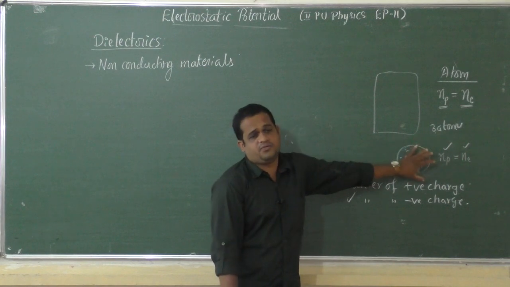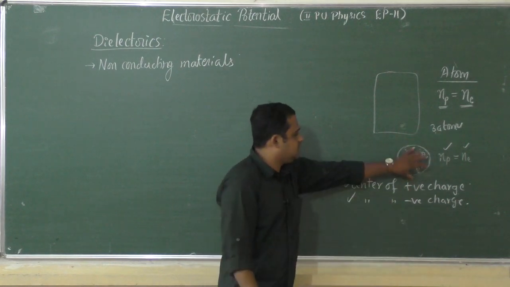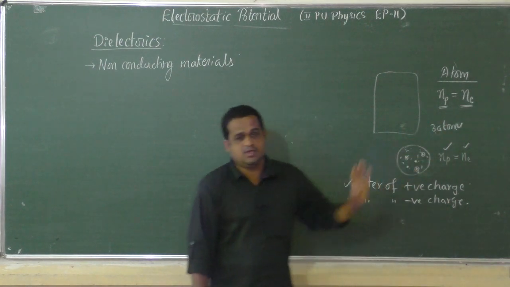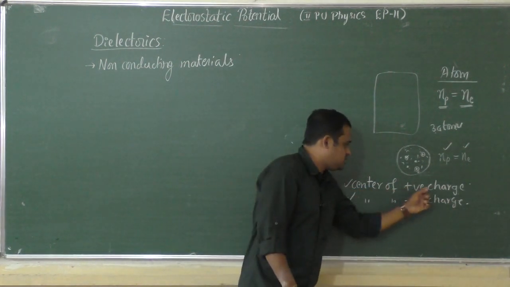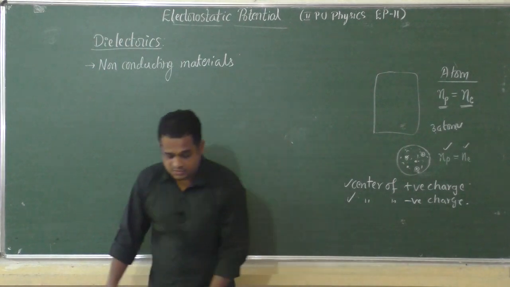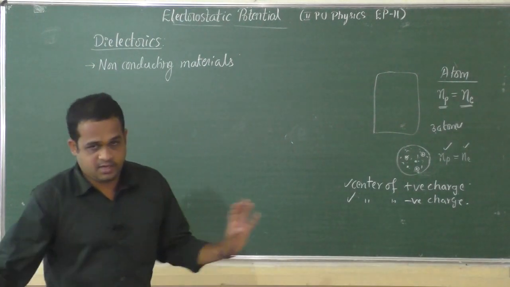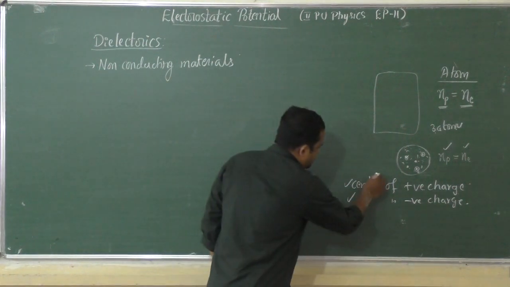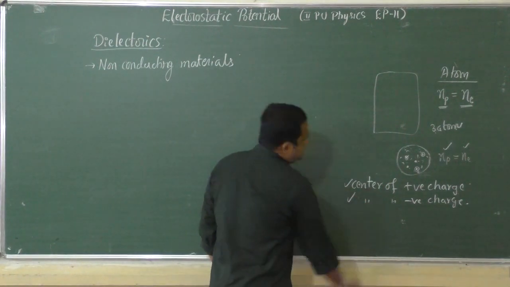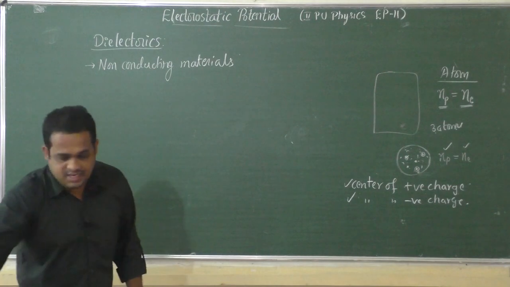It is different for different molecules depending on the constituent atoms or elements. The position of center of mass, center of positive charge and center of negative charge will be different in case of different molecules.